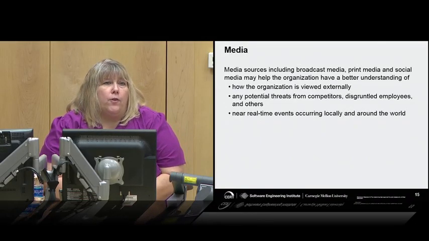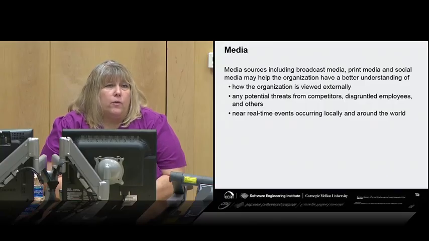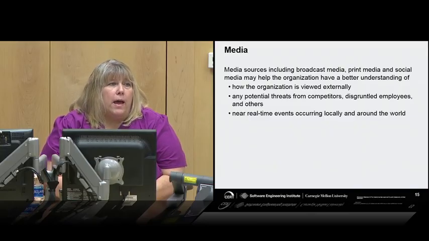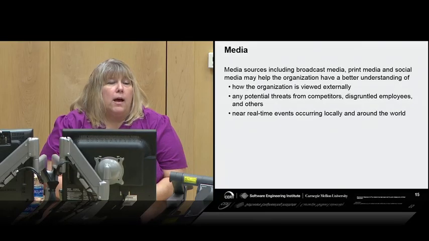And also from the non-technical side, it's really what is going on in the media. And this is not just what is being reported as far as news, but could be crimes, it could be other attacks that are being reported.